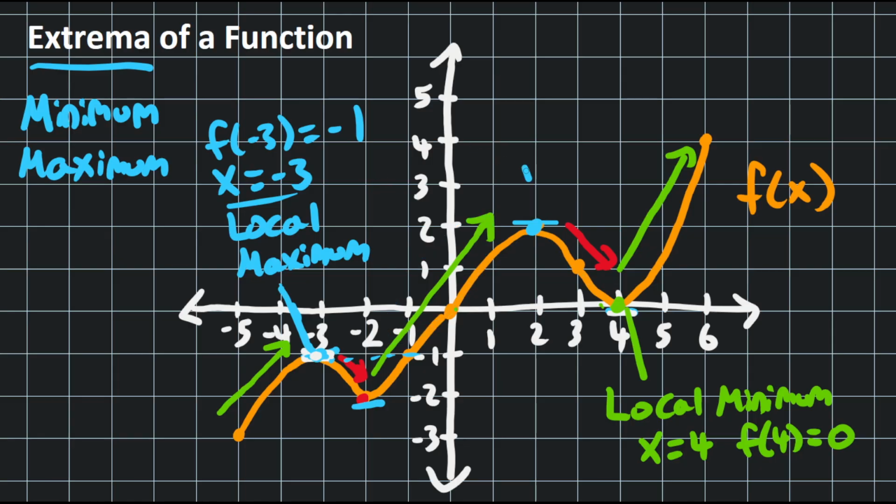So there's a local maximum at x equals 2. And there's another local minimum right down here. This is a local minimum because right here, the function changes from decreasing to increasing.